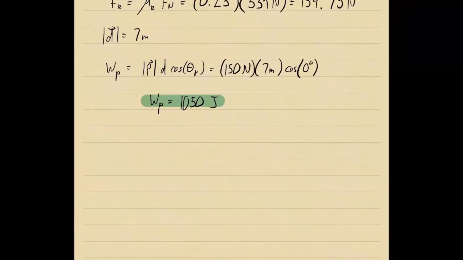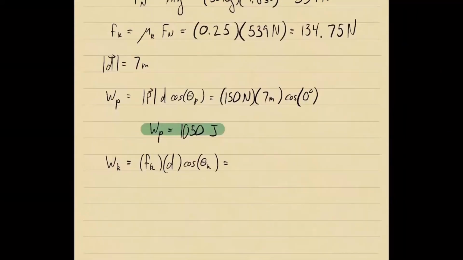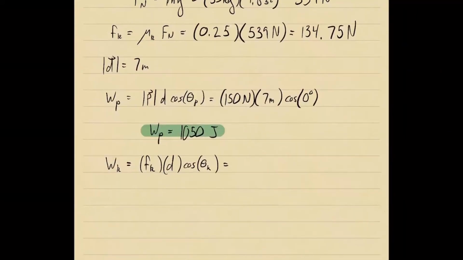So then the work done by our kinetic frictional force is just going to be the magnitude of our kinetic frictional force times our displacement times cosine of the angle in between them. So in this case, our magnitude is 134.75 newtons. That's what we found up here. We know that our displacement has a magnitude of 7 meters.